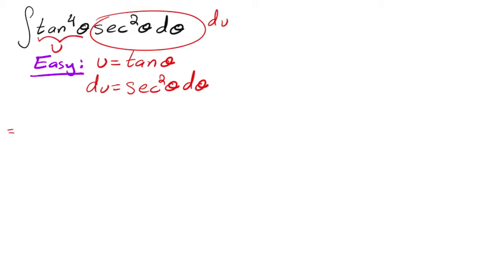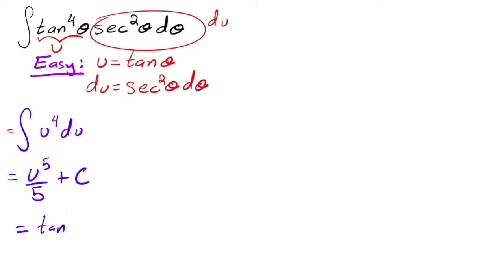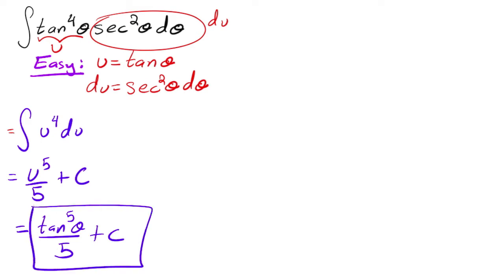So this is just equal to the integral of u to the fourth du. And this is just u to the fifth over 5 plus c, or tangent to the fifth over 5 plus c. Too easy, right?